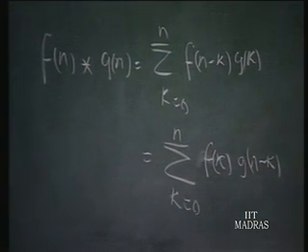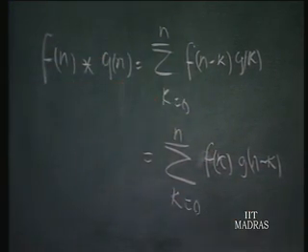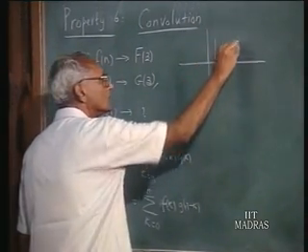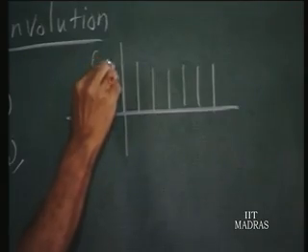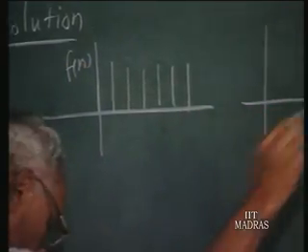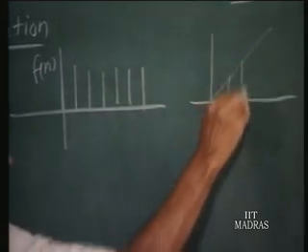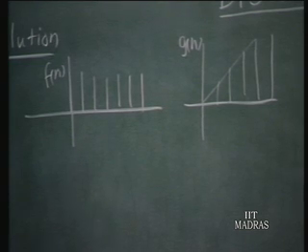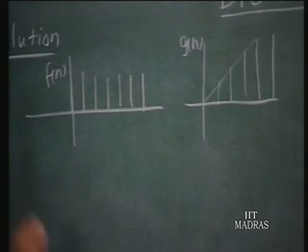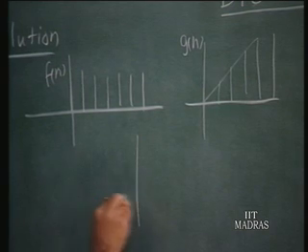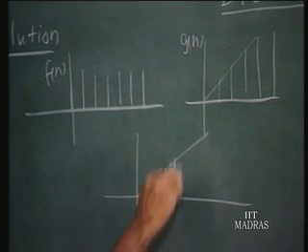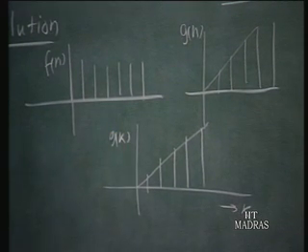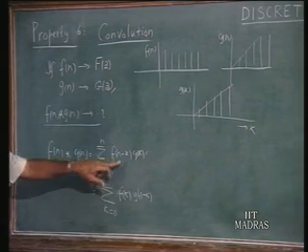This can also be written in this fashion. The physical significance of this is that if you have, say, this is Fn and let us say this is Gn, then in forming this you take Gk and multiply each sample of Gk by F(n minus k).